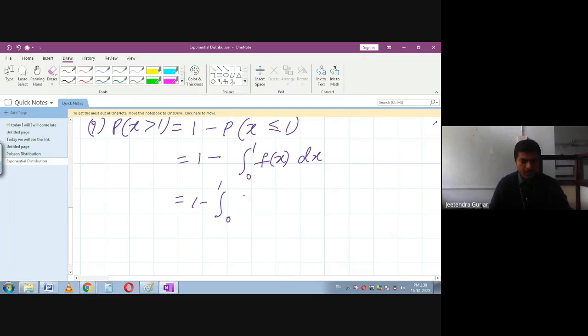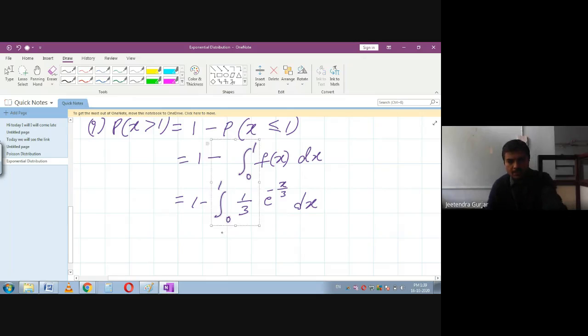The function you have already simplified. Since x is a positive value, it is e raised to minus x upon 3, simplifying the mean, that is alpha, 1 upon 3. Now I have simplified this integration.